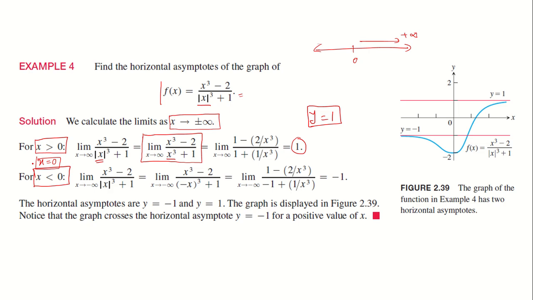That's why we don't need to check for x equals 0. So similarly, for x approaches negative infinity, we have the value -1.